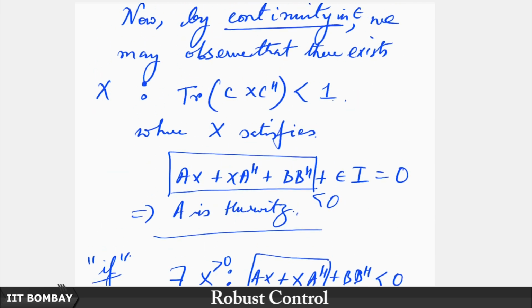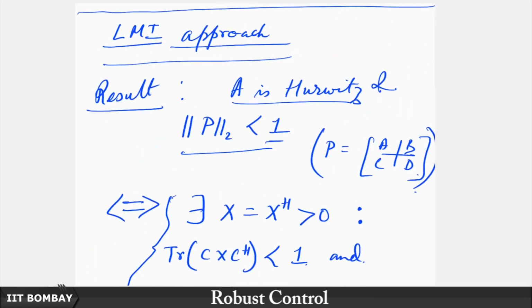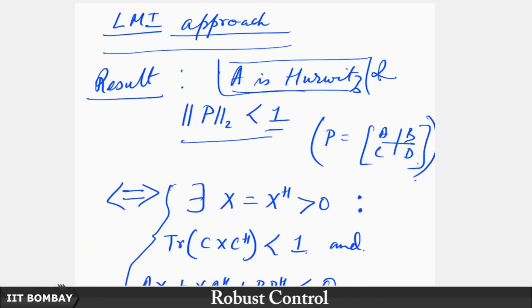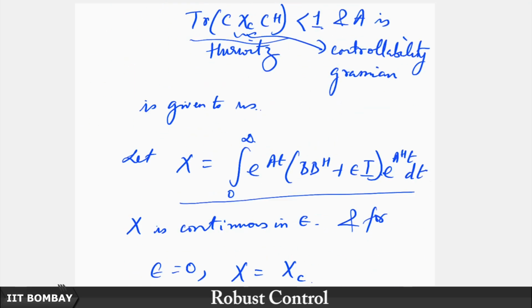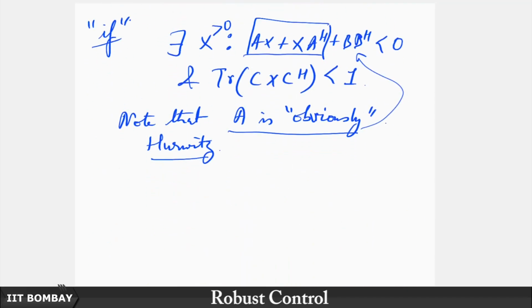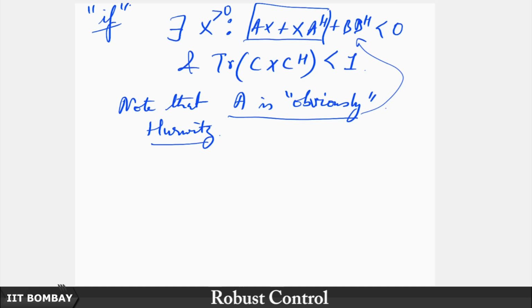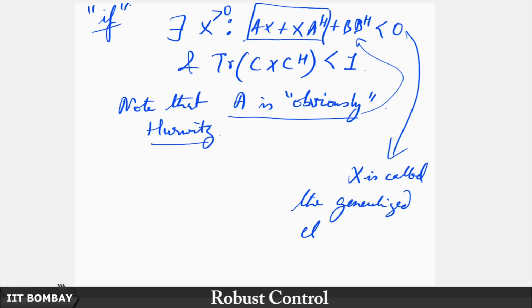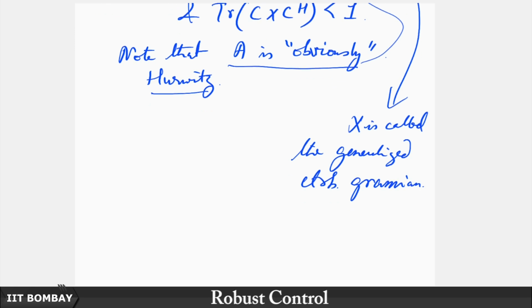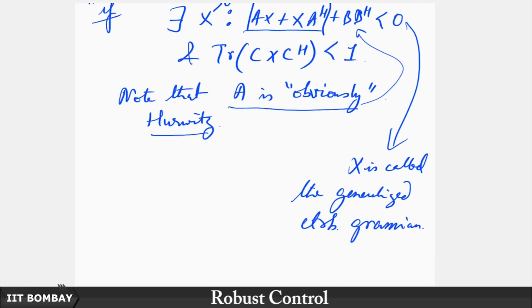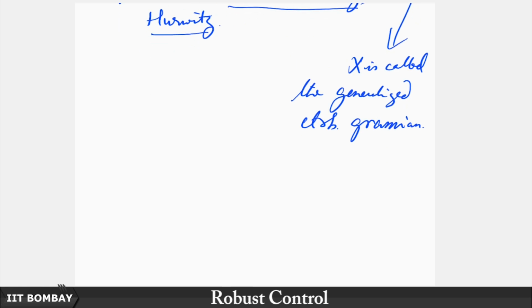So, Hurwitz is given. Notice that the first problem says that A is Hurwitz, that we have already seen. Now, we have to show that this also means that the second part of the problem is going to follow from this. Why? Again, when X meets this condition, X is called the generalized controllability Gramian. It does not meet the strict equality, but it is something that satisfies the inequality.